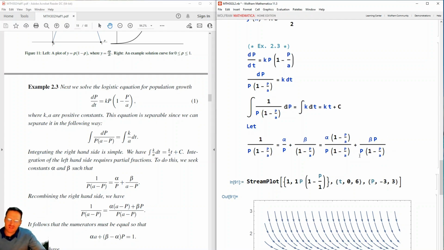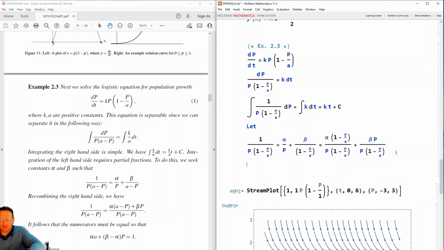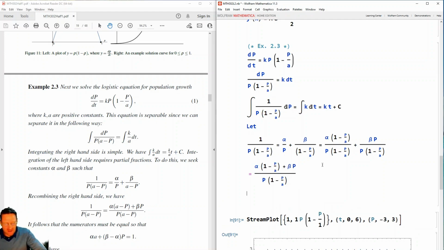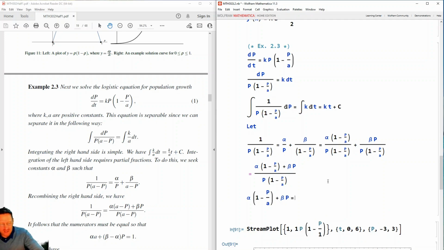Now that we have common denominators, we can recombine those, adding the numerators. So I would put numerator plus beta p. Now I can get rid of the second one because we've now recombined it. So we've assumed then that this should be equal to 1, right?